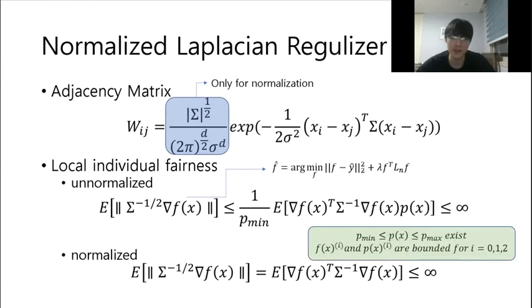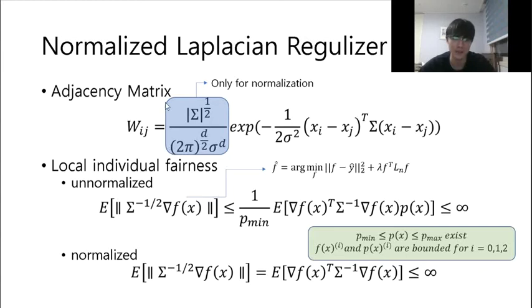And when we assume the adjacency matrix as the following equation, we can derive the equations below that satisfy local individual fairness, and this adjacency matrix is the unnormalized adjacency matrix.